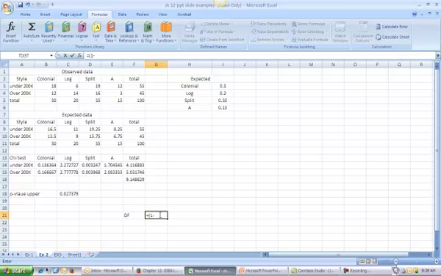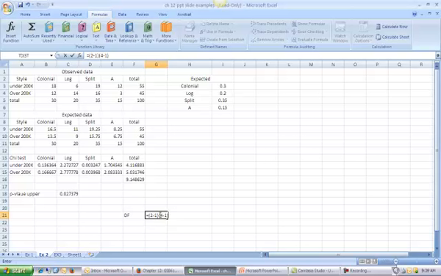How many rows do we have? We have under 200,000 and over 200,000. So 2 rows, minus 1, times the number of columns minus 1. How many columns do we have? Colonial, log, split, and A, so 4 minus 1.